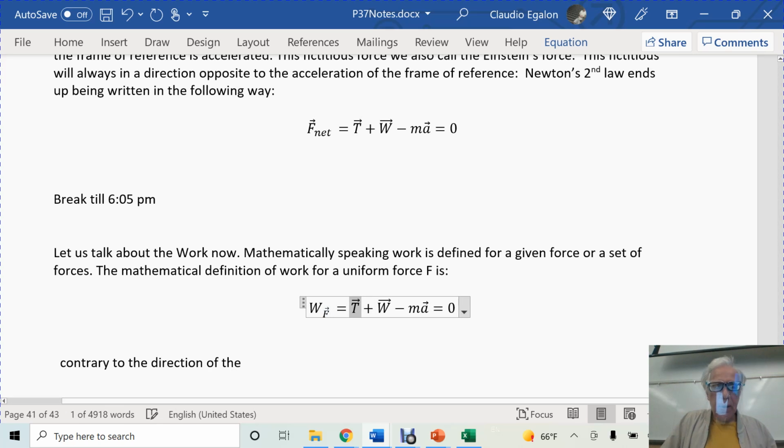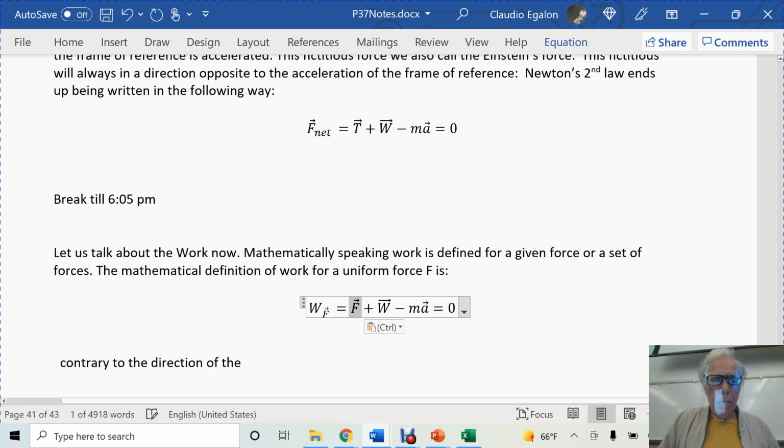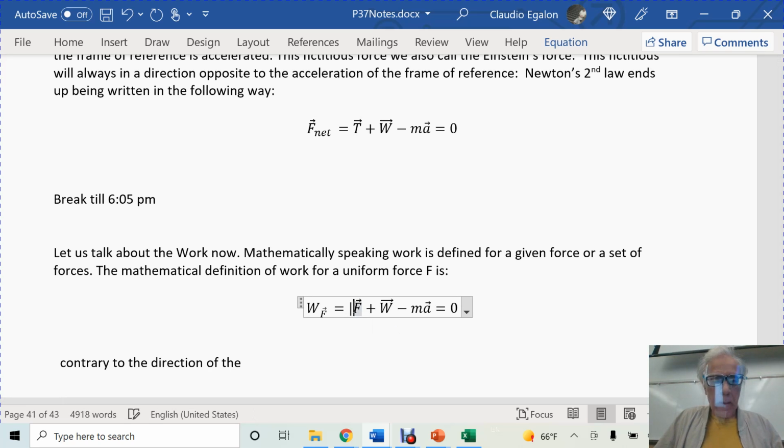The magnitude of that force times the magnitude of the displacement. I'm going to put it like delta x. The displacement can be a vector as well.